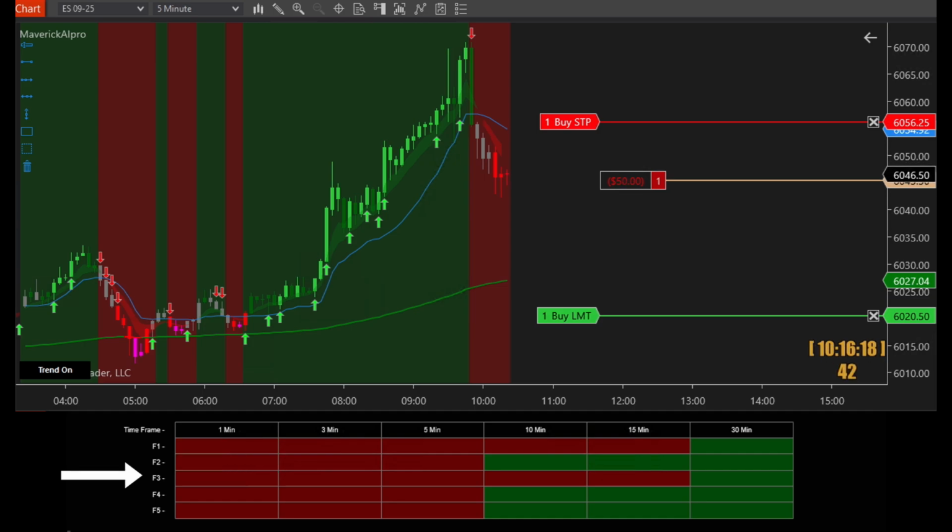So you see F1 through F5 on the left-hand side: Formula 1, Formula 2, Formula 3, Formula 4, Formula 5. Instead of having 6 different charts or 6 different monitors in front of me, which I can't pay attention to, I like it all in one snapshot. So the Maverick Multi-X is looking at 5 formulas per time frame across 6 time frames.